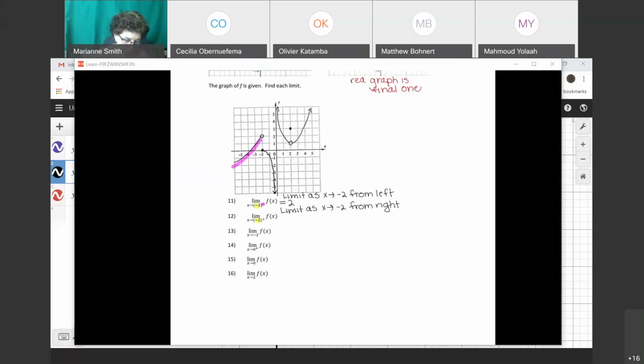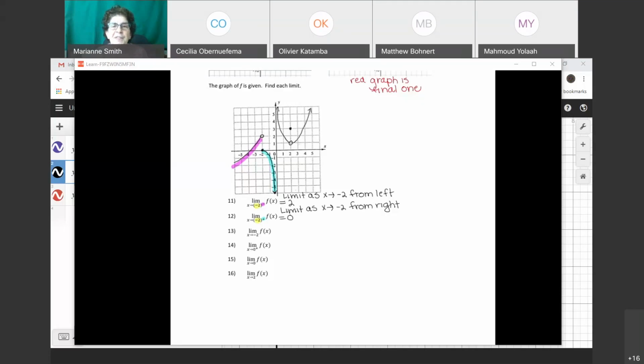There's my -2, and then I'm coming at it from the right. And you can see I'm approaching 0. Everybody comfortable with that? Again, don't let the arrowheads at the bottom of the graph confuse you. It's what direction you're approaching the x value from, left or right.